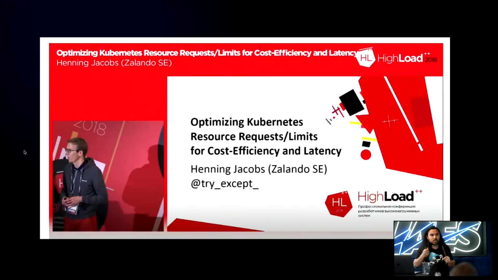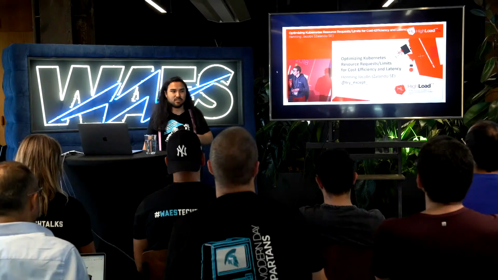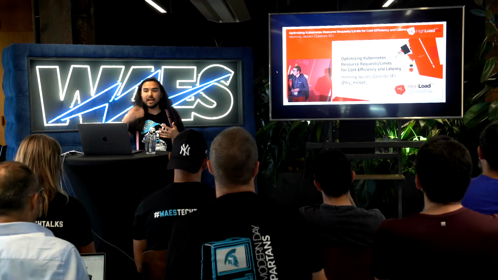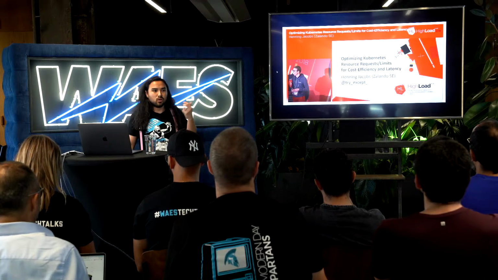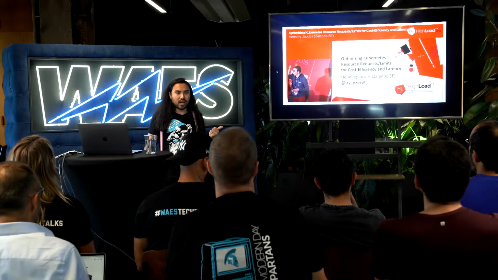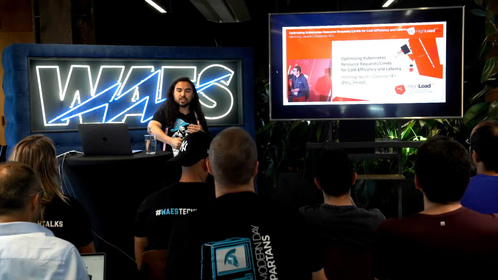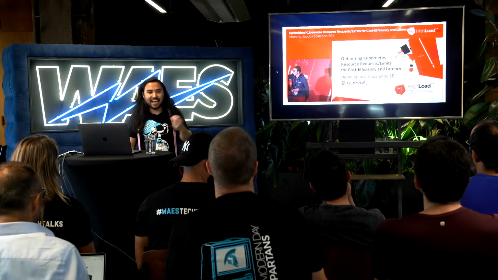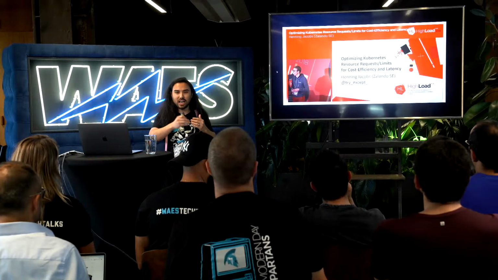And he pushed the community. He went public. He showcased their results, and the results were massive. By removing CPU limits, they reduced their latency, they achieved their SLOs. And one of the things that I really like that Henning was able to accomplish is he pushed the community not just to disable CPU limits, but actually to allow you to configure it the way you want.